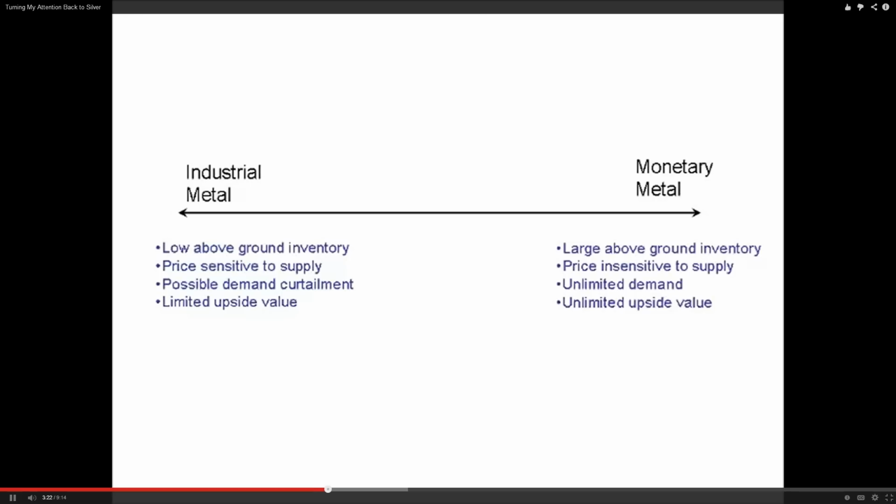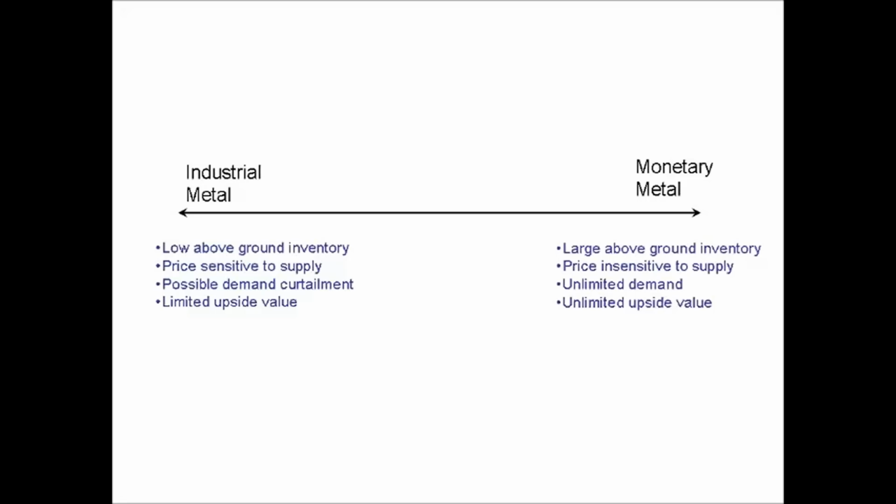Compare this to a monetary metal. A monetary metal's primary purpose is as a hoardable store of value. The amount that is held, simply for the sake of holding it, is very high. New supply tends to be very small as a percentage of what's already held, and thus supply is not a large determinant of the value.